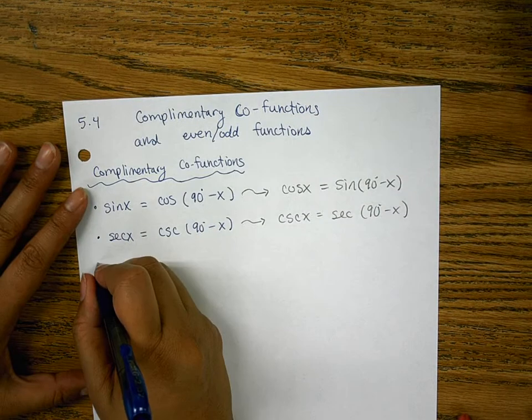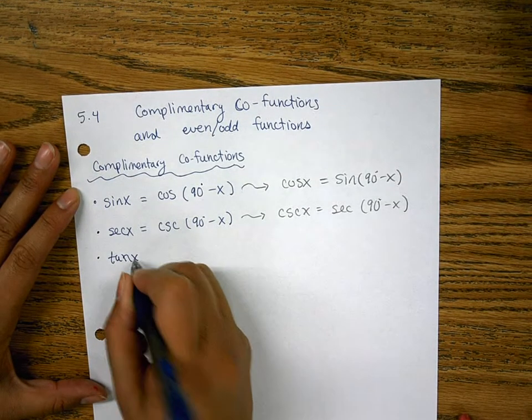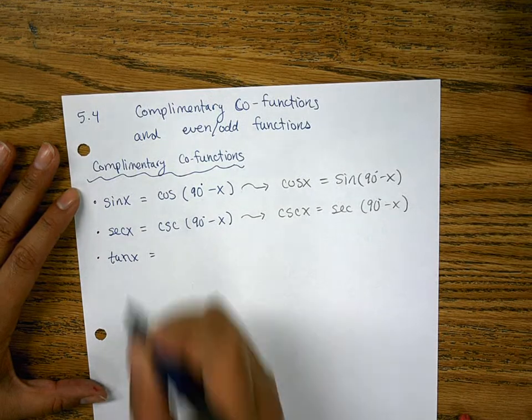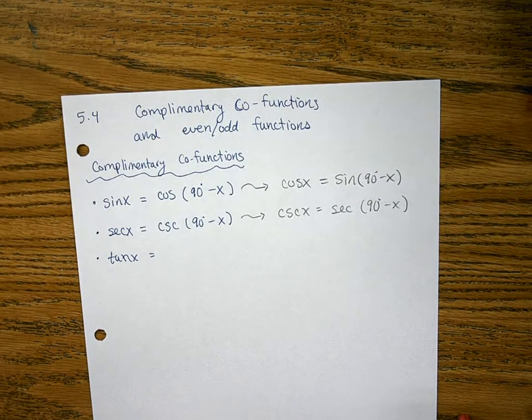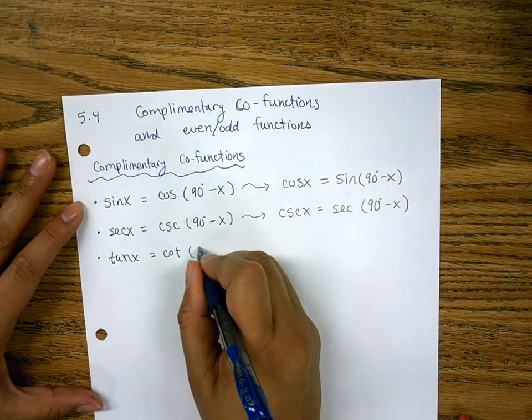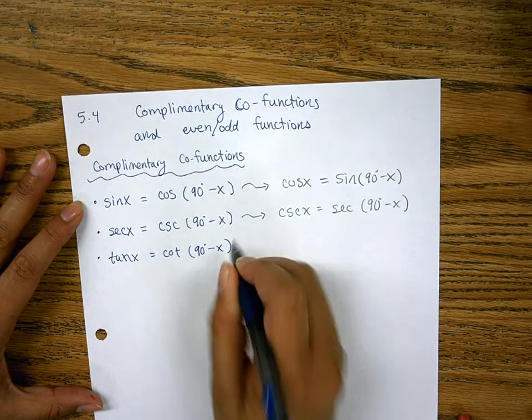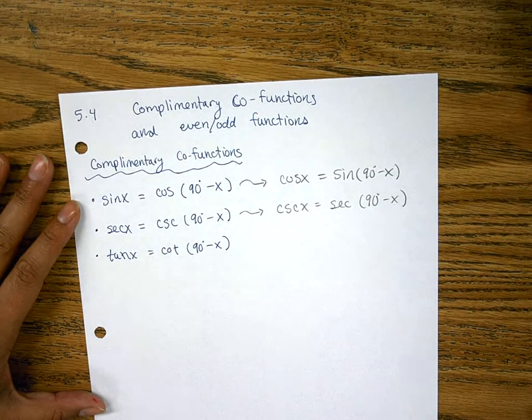Okay, and the last one is tan of x equals. Now tangent's the only one that works out the same as its reciprocal. Tan, you put the word co in front of it and you get cotangent. So tan of x equals cotangent of 90 minus x.